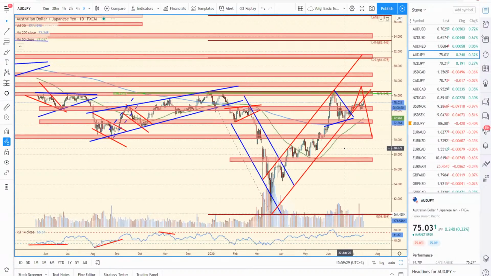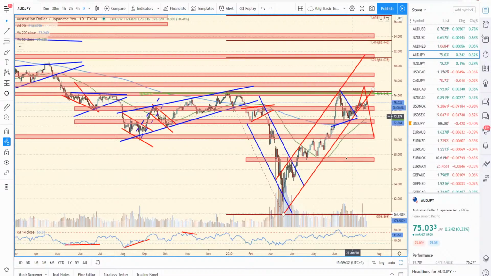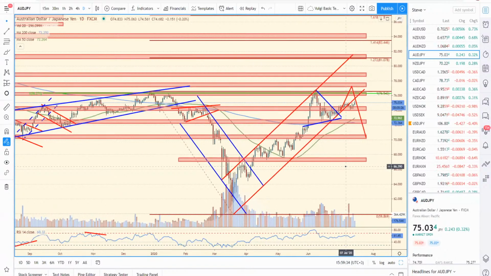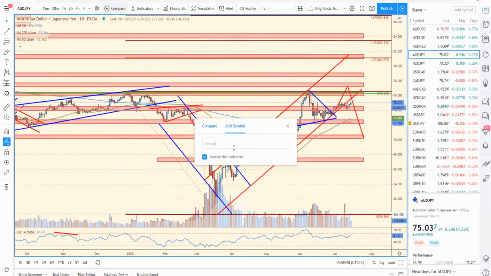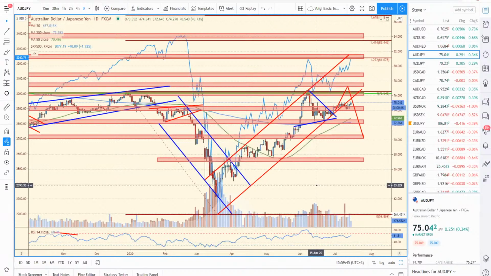But on the other hand, the correlation is somewhat still there, right? If you overlay the S&P here, for example, you'll see that there is still a relationship.